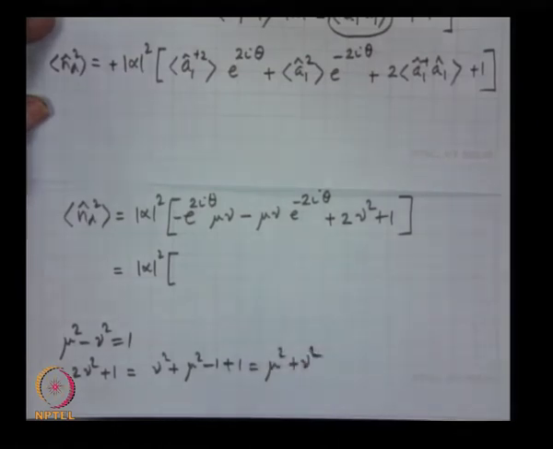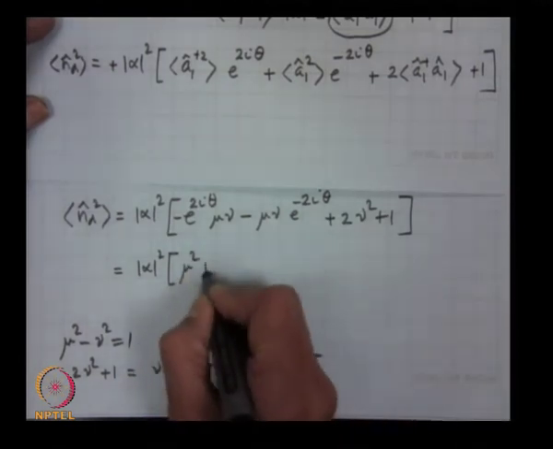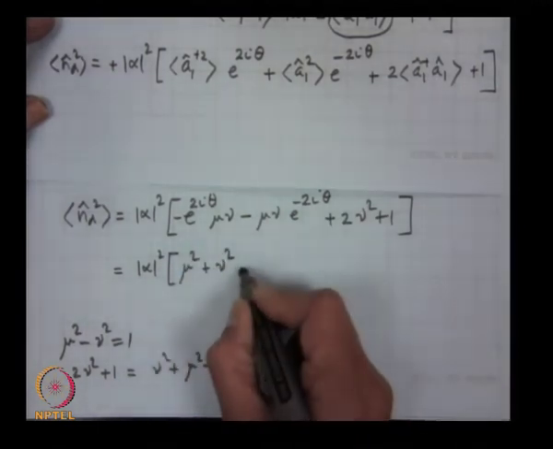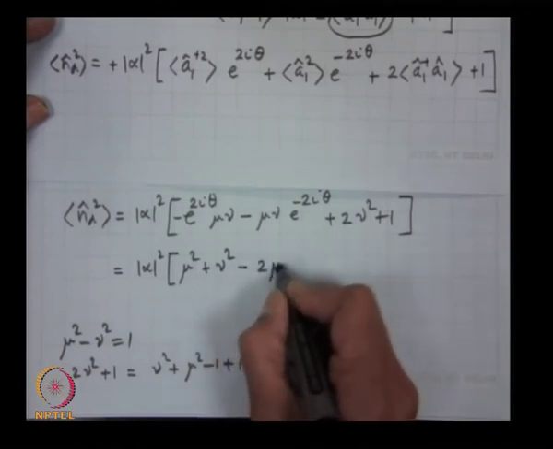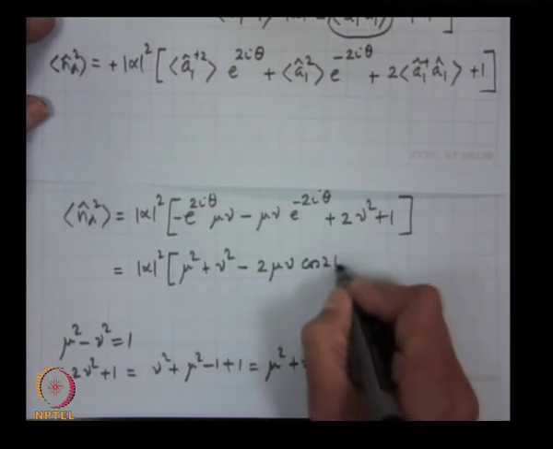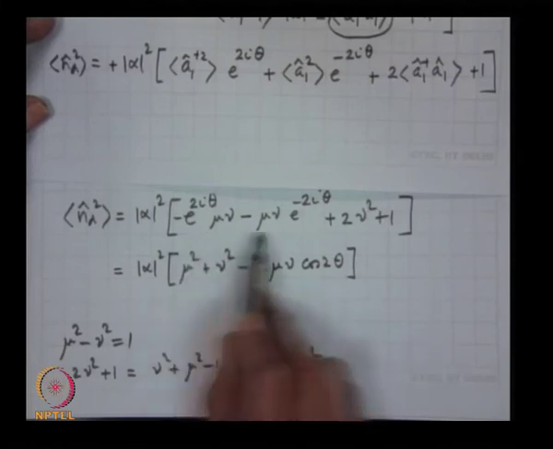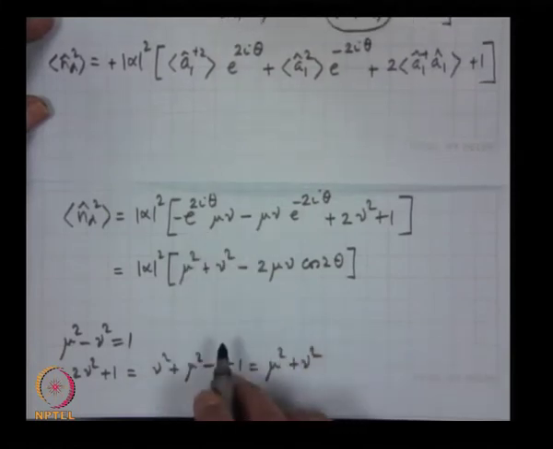Simple algebra. Okay, so this is mu square plus nu square minus 2 mu nu cos 2 theta. If I sum these two, I get 2 times cos 2 theta.